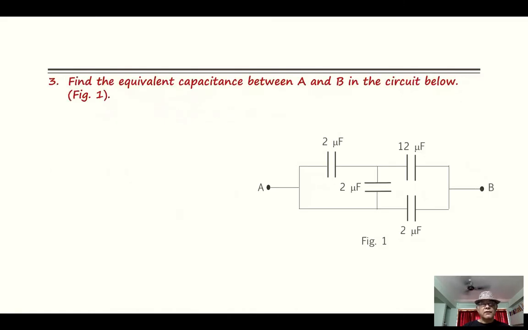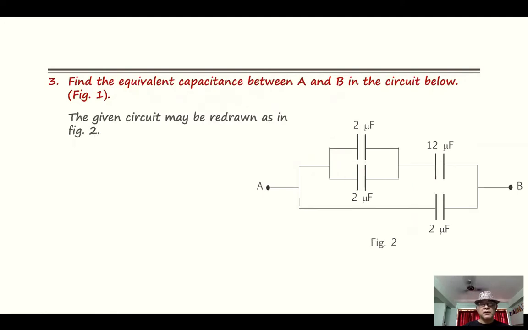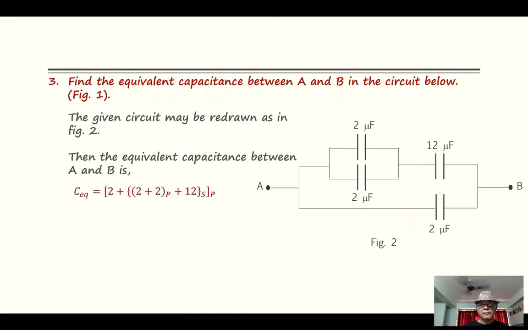Problem 3. Find the equivalent capacitance between A and B in the circuit below, that is figure 1. The given circuit may be redrawn as in figure 2. Then the equivalent capacitance between A and B is, 2 and 2 microfarad capacitors in parallel.